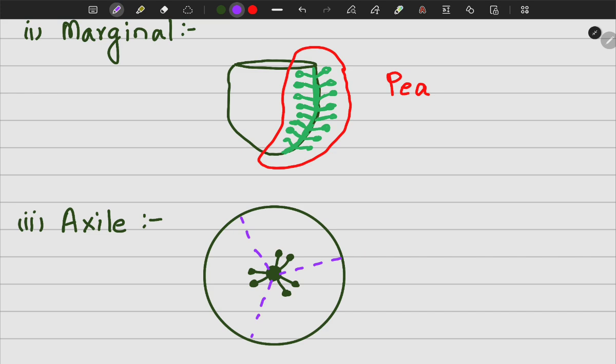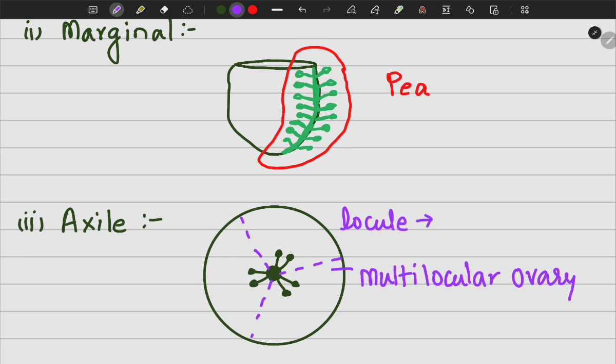So such kind of ovary is called multilocular ovary. Multilocular means multi compartments, many compartments. Locule means cavity in ovary.